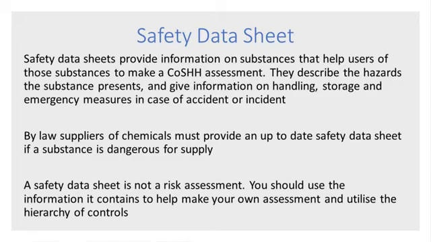Within this safety data sheet, it describes the hazards that the substance presents and gives information on handling, storage, emergency measures and first aid measures. But remember, by law, the supplier of these substances must provide this safety data sheet to us, and we must ensure that when we change our substances, we always get a copy of the updated or new revision of a safety data sheet.